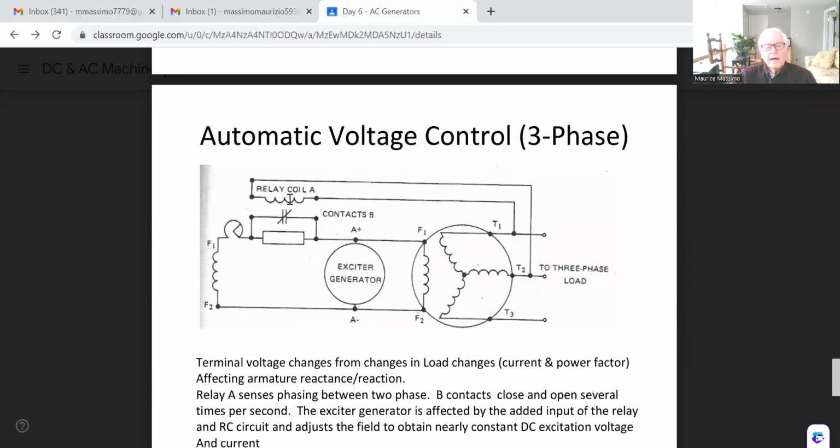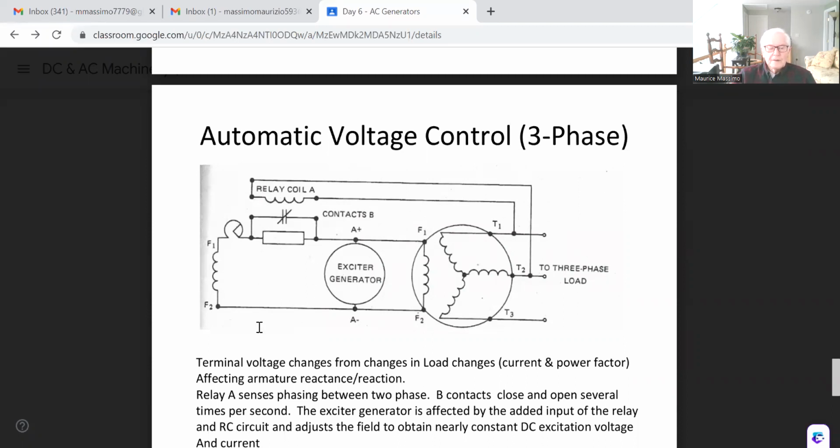We will look at a relay coil that is then fed into the output to adjust for any variations in your excitation.